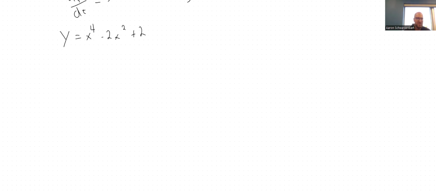First thing I have to do is find the derivative. So you guys tell me what's the derivative of this? 4x to the power of 3, minus 4x. Done. That was so easy.